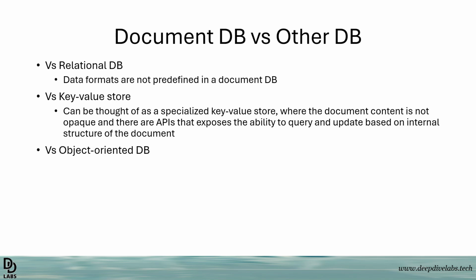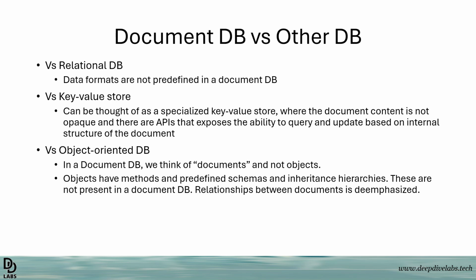If you compare it with an object-oriented database, in a document DB we think of documents and not objects of the application layer, right? We think of these as what are contained as documents. Why do we say it's not objects? Because in typical object-oriented programming, objects have methods, a predefined schema and inheritance hierarchies.